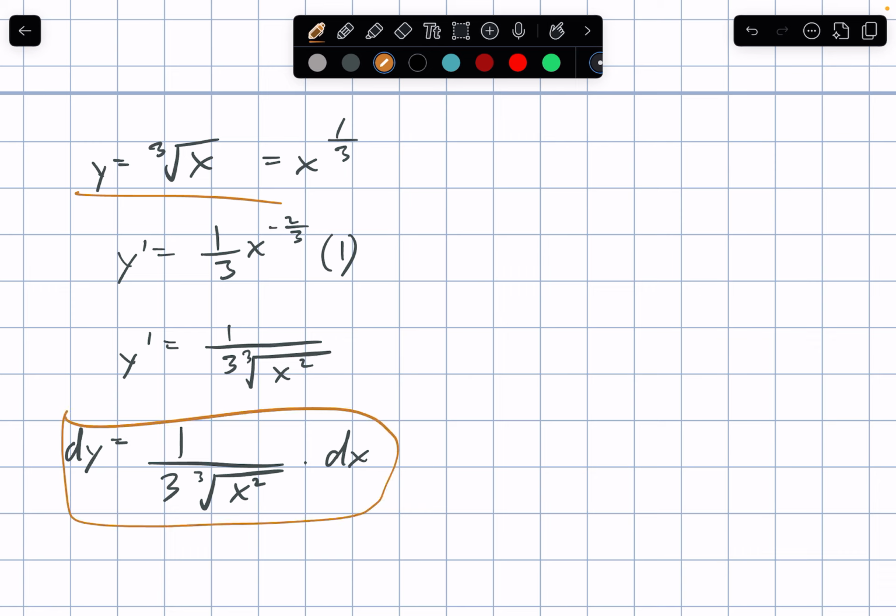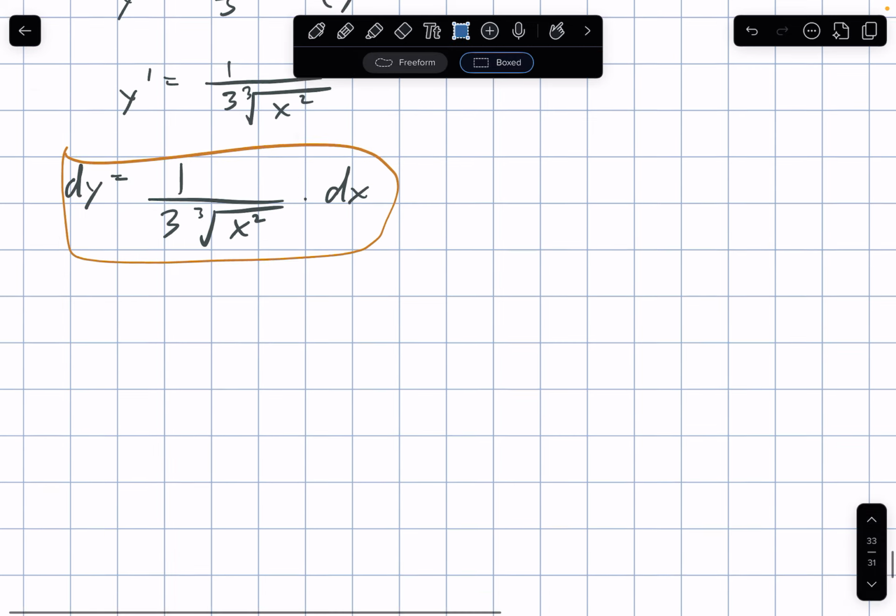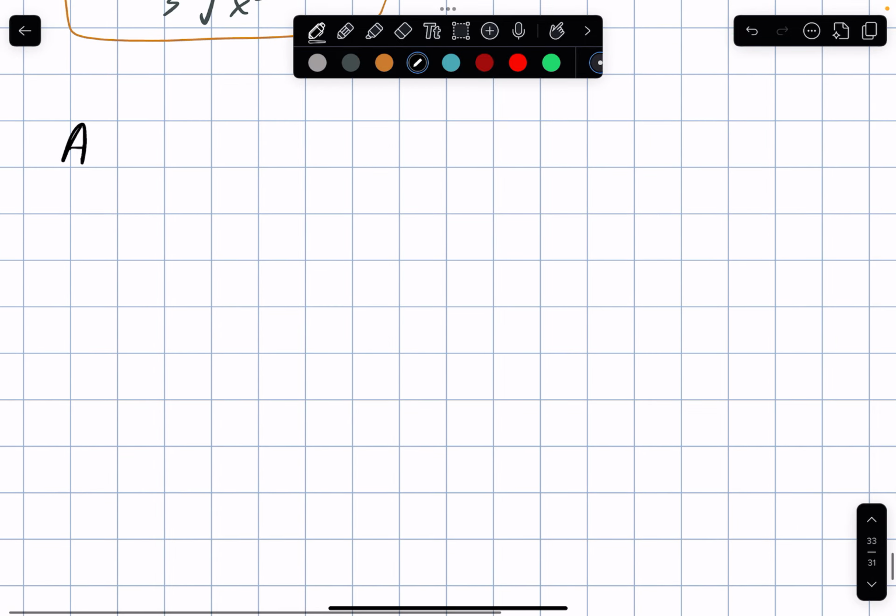This is the final answer. Okay, that's it. Let's move on now to approximation.